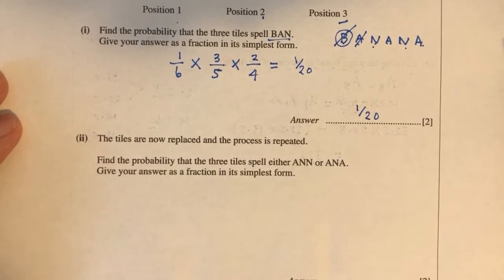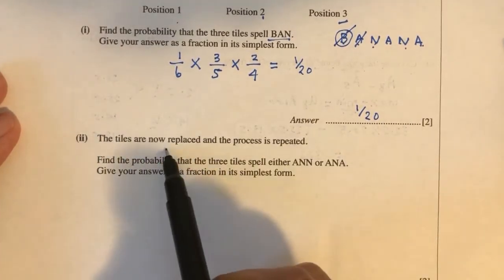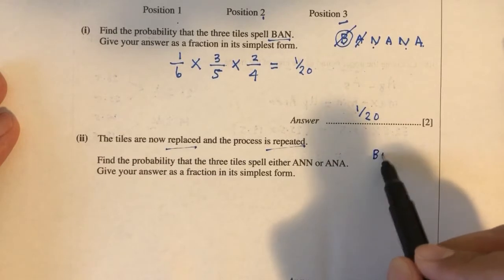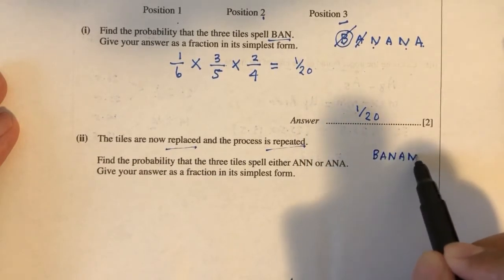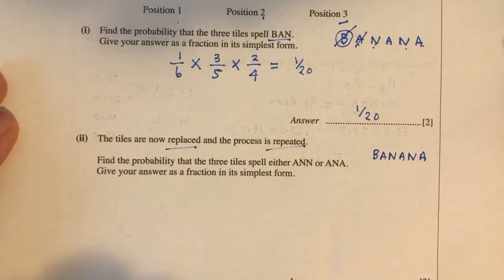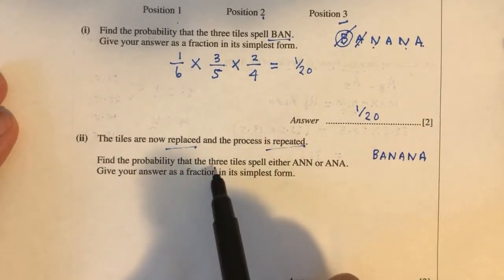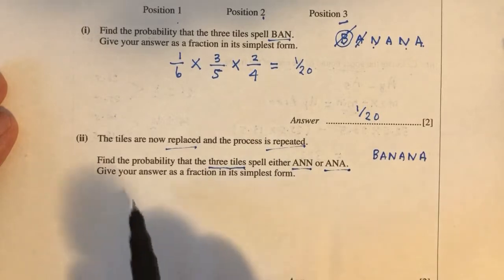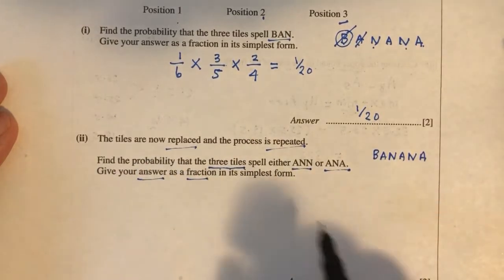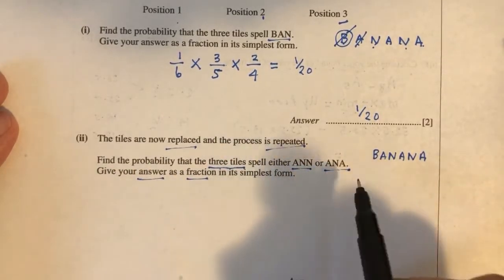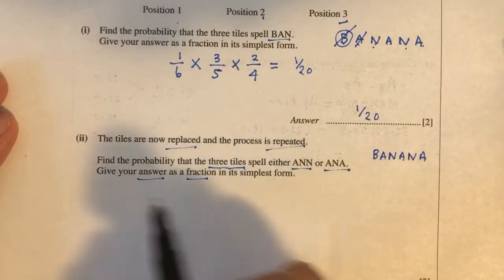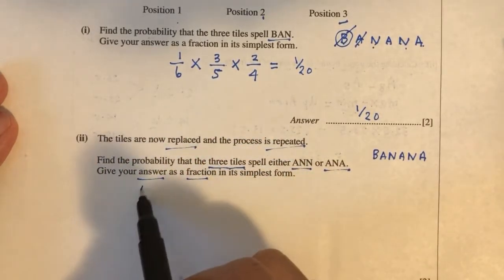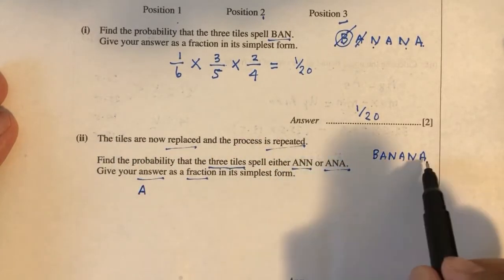Now for part 2, the tiles are now replaced and the process is repeated. So we still have banana. Find the chance that the 3 tiles spell either ANN or Anna. Give your answer as a fraction in its lowest form. So here we have 2 cases. Let's say for the first one, for the first letter to be an A, we have a chance of 3 over 6.